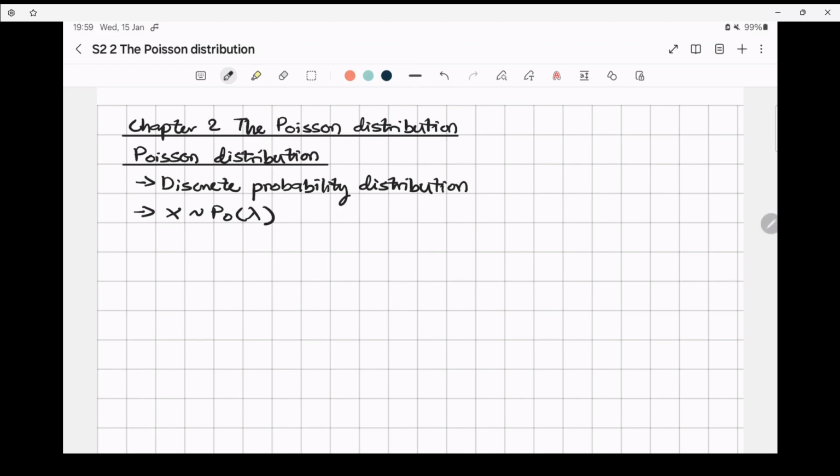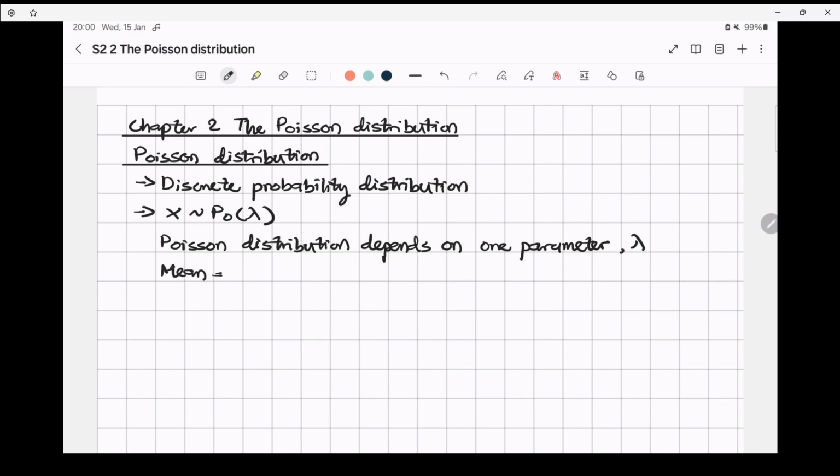So remember that a Poisson distribution depends on one parameter, which is written as lambda. So this lambda will be your mean, and it will also be your variance. Okay.